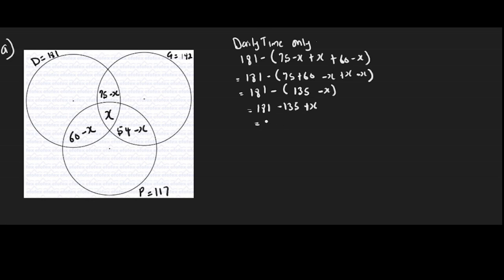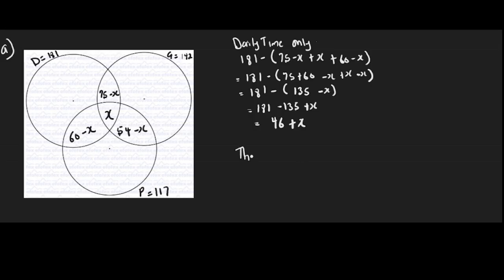Then 181 minus 135 here is going to give us 46 plus x.